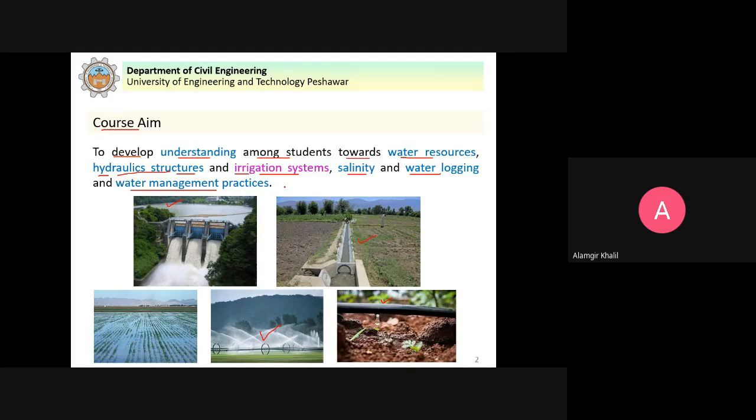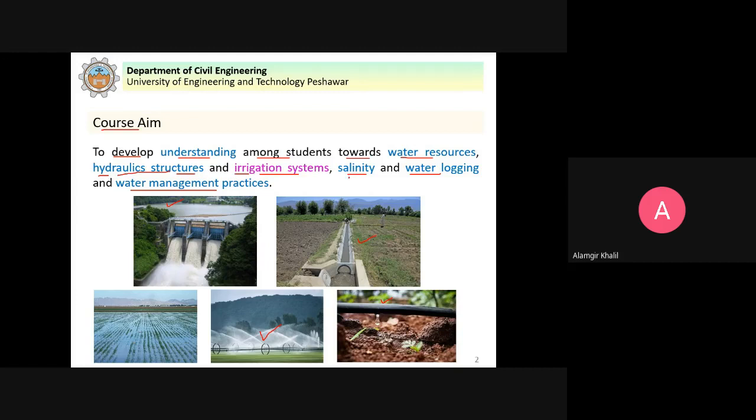So it's very difficult to have rain that can provide the required quantity of water at the correct times for nourishment of the crops in agriculture. For this purpose, we have to provide water artificially to the crops. So for this, we provide a system that is known as an irrigation system.